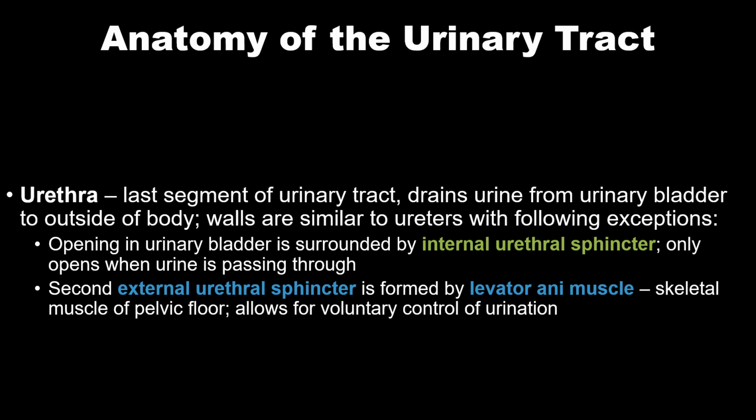Now, there is an external urethral sphincter. This is formed from the levator ani muscle, okay, also sometimes called the urogenital diaphragm, made out of the muscular floor of the pelvic cavity, right? So this is going to be the sphincter that is composed of skeletal muscle and is totally voluntarily controlled.